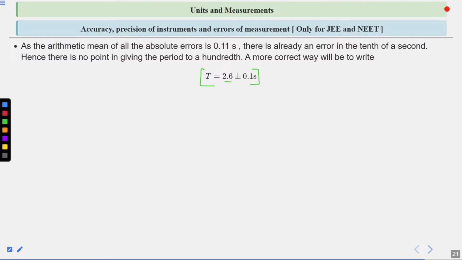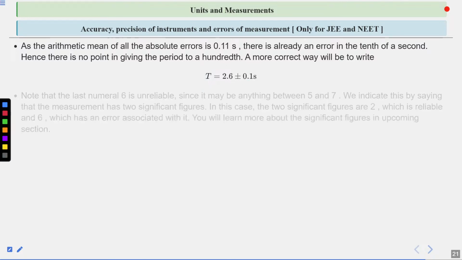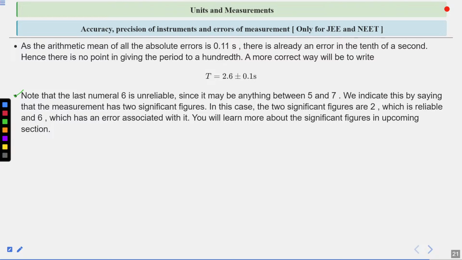The important point here is that the last numeral 6 is unreliable, since it may be anything between 5 and 7. We indicate this by saying the measurement has two significant figures.